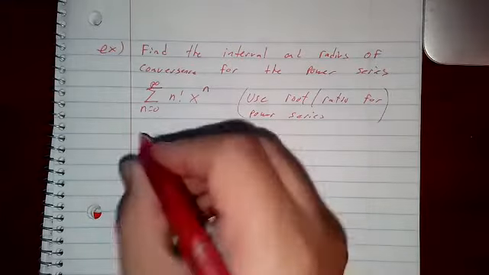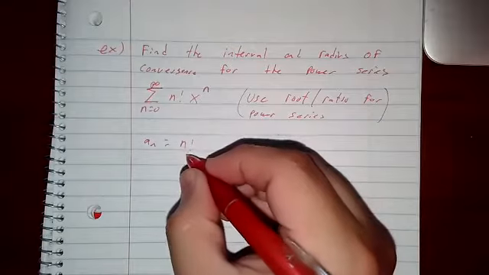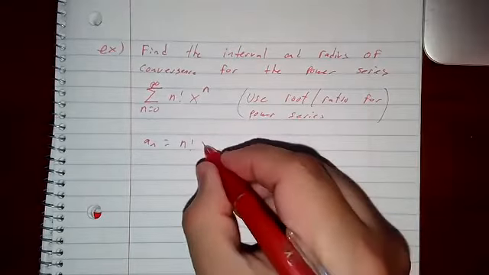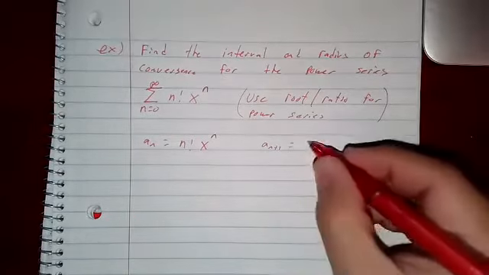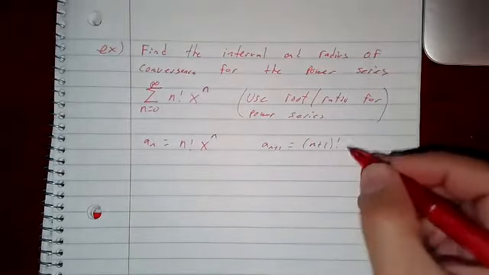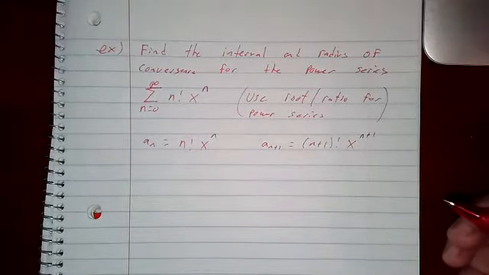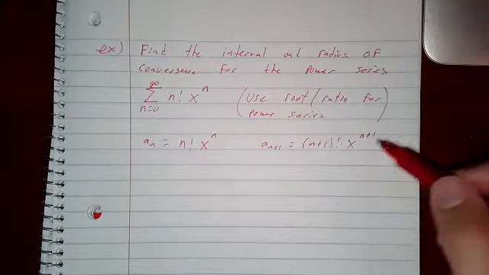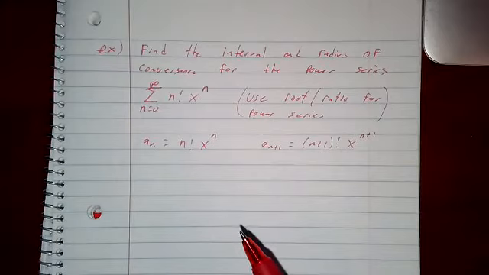Okay. So we know that a sub n is equal to this guy, right? a sub n plus 1 would be equal to n plus 1 factorial x to the n plus 1. So the ratio test says you take the limit of this guy over this one, and it must be less than 1 in order for it to converge.